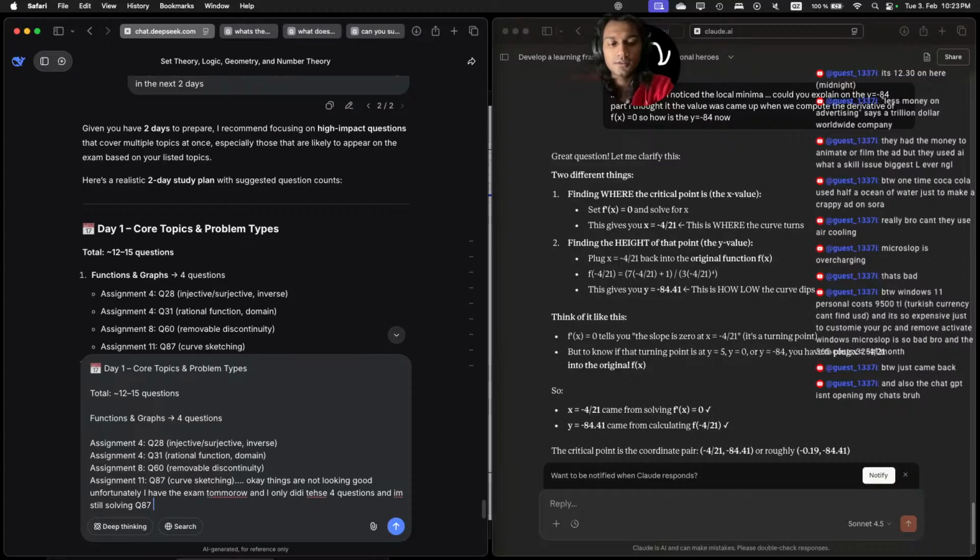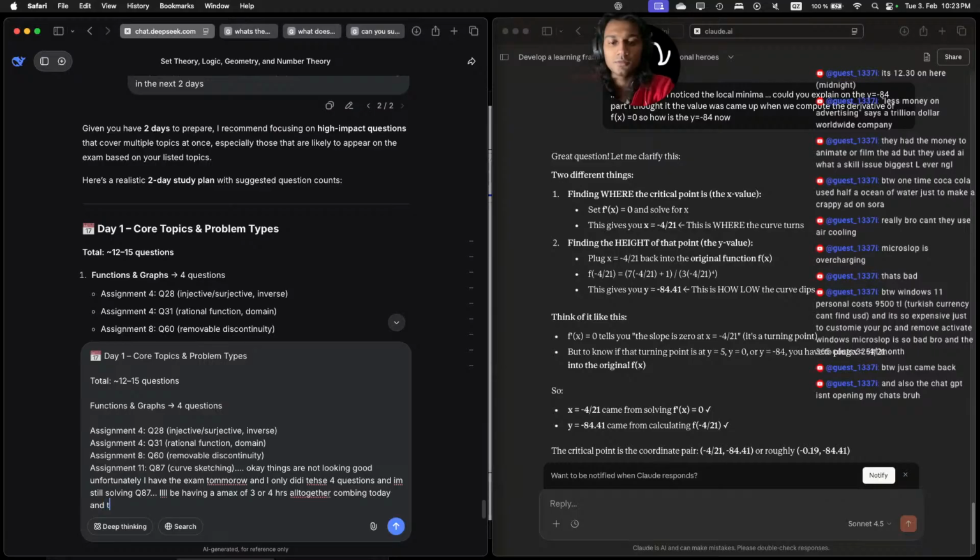87. I'll be having a max of 3 or 4 hours all together, combining today and tomorrow morning.